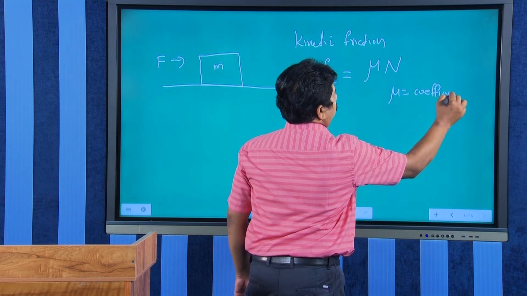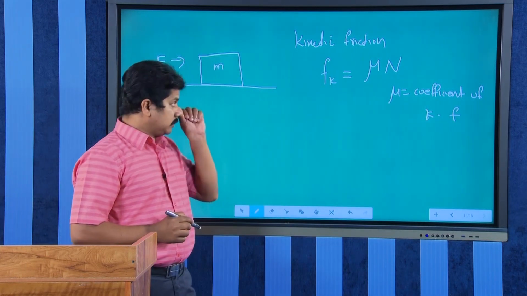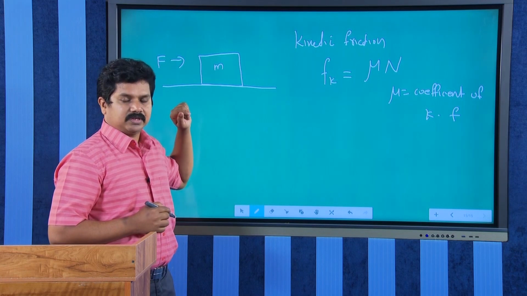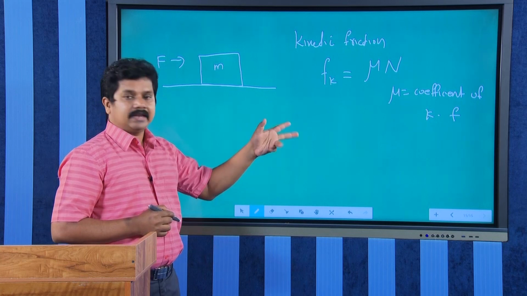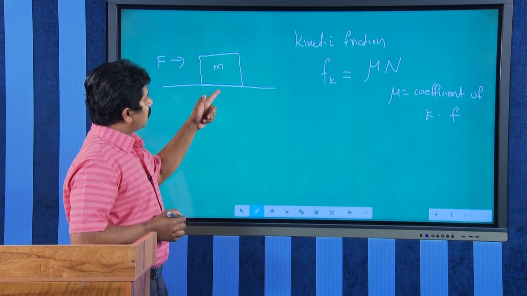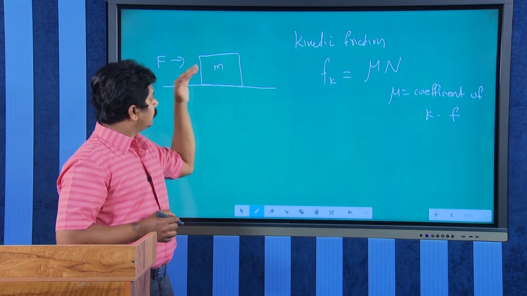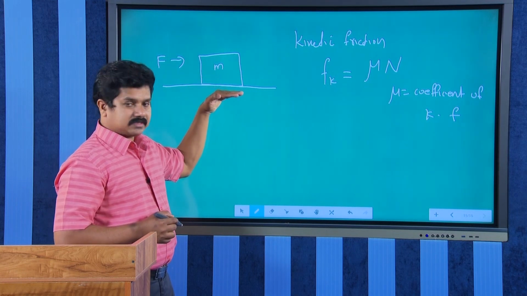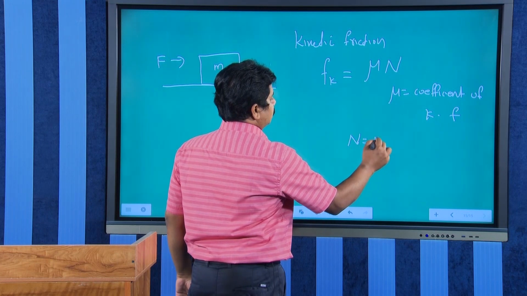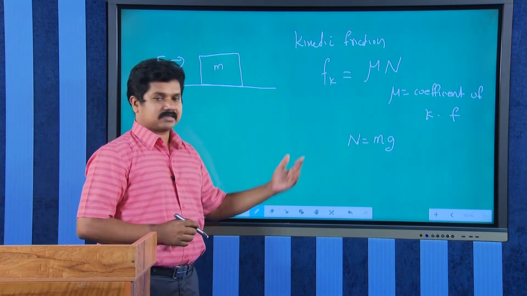So, that mu depends on the surface between these. And n is the normal reaction. So, in this case, what will be the kinetic friction? Mu into normal reaction is how much? We know it is on the plane horizontal surface. So, here mu n equal to mu mg, right. Normal reaction equal to mg, that we already discussed.